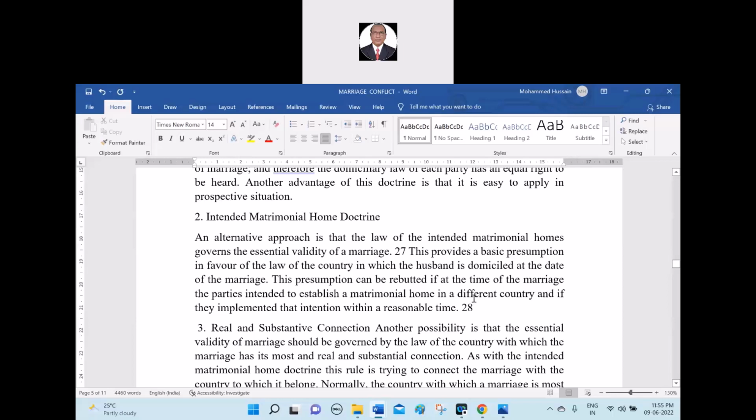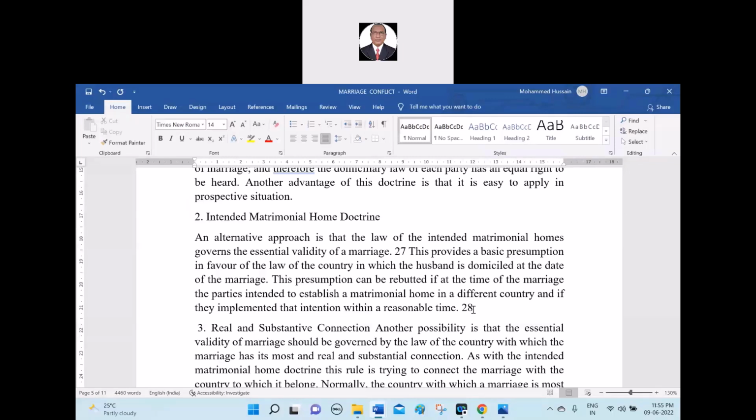They must implement that intention within a reasonable time. Of course, they have to inform that they would like to marry and stay over there permanently after the marriage. That intention would be there. At that time, the matrimonial home doctrine would be applied. The intention to stay over there would come into the picture.